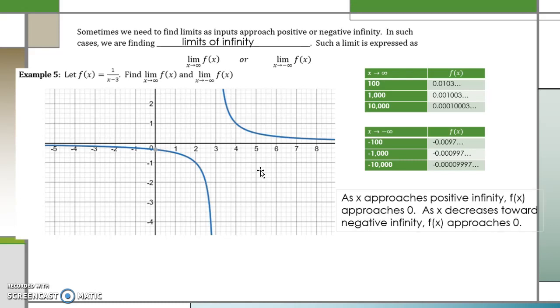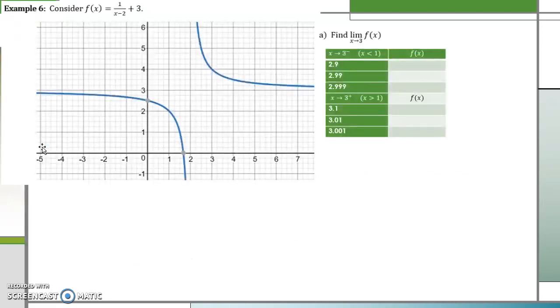So as x is approaching positive infinity, the value of f of x is approaching 0. Further, as x is decreasing toward negative infinity, f of x is approaching 0 as well. Therefore, we can say that the limit as x approaches infinity is 0, and the limit as x approaches negative infinity is also 0.